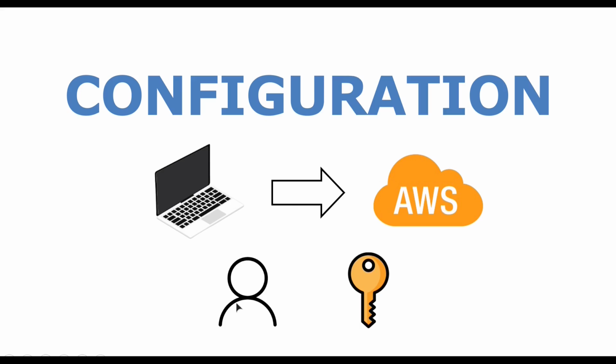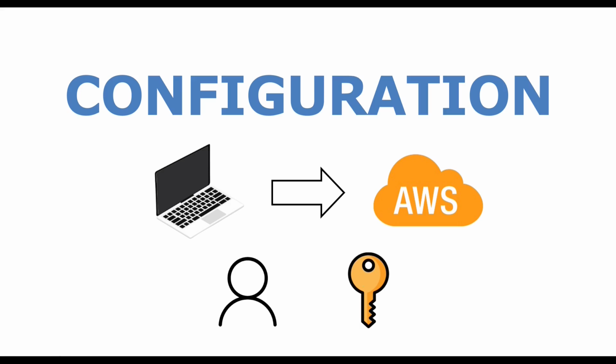For that we will need to create an IAM user, and also create the access key and secret key from it. This access key and secret key we will be using to configure our AWS account with our local machine. So we will see how to create an IAM user and how to generate the access key and secret key.